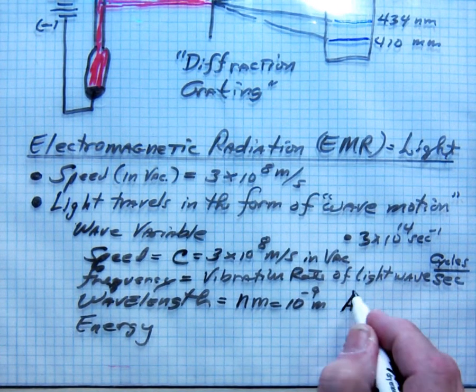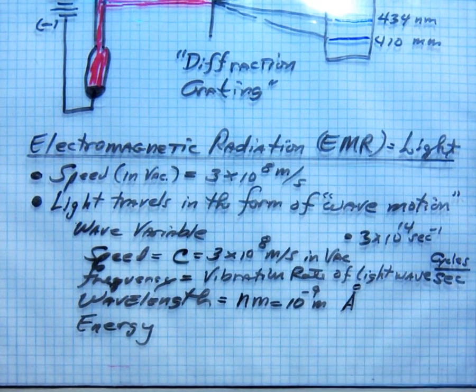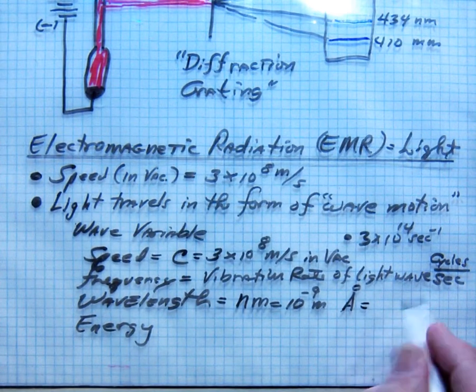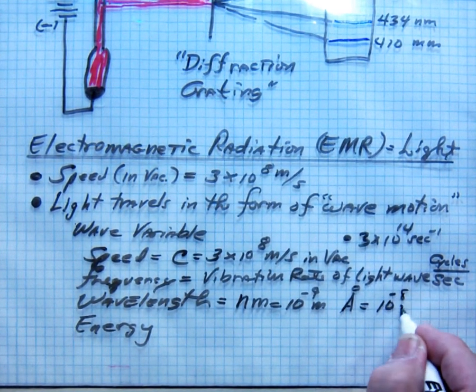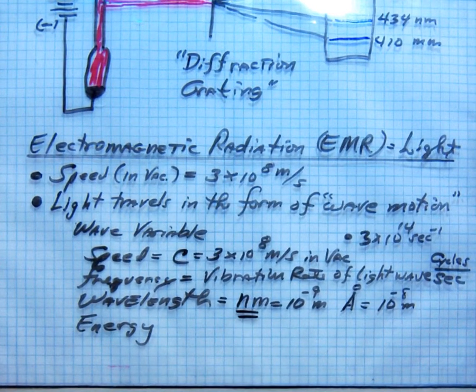Angstroms usually has a capital A with a little circle on top of it, and is 10 to the -8th of a meter. But nanometers is the most widely used. Now, you will have to make conversions from nanometers to meters to apply to certain equations.